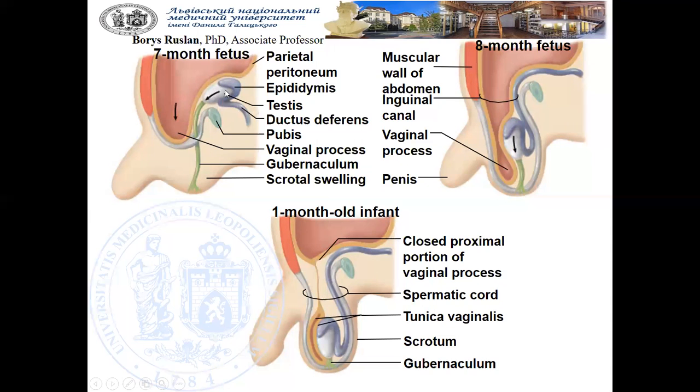You can see the movement of the testes from the abdominal part through the inguinal canal and into the scrotum. So in the inguinal canal in the female body are located the round ligaments of the uterus, but in the male body the spermatic cord. You can see the spermatic cord.